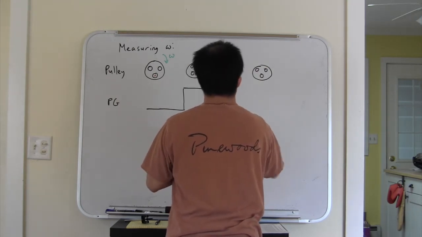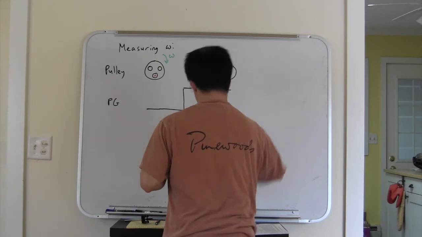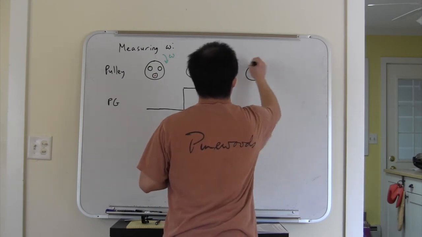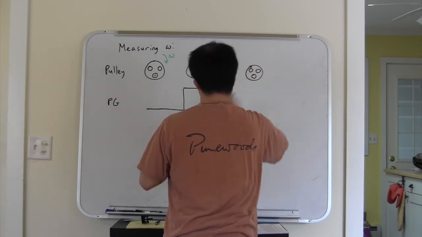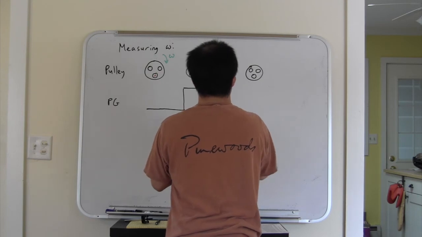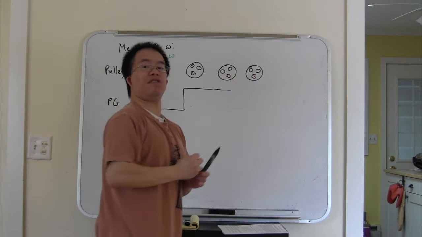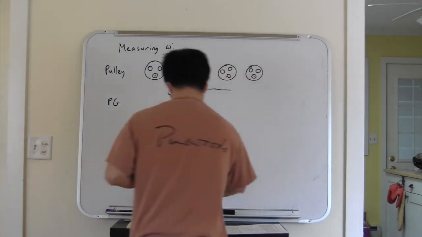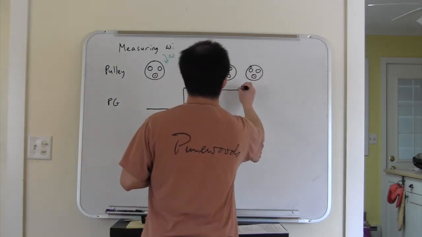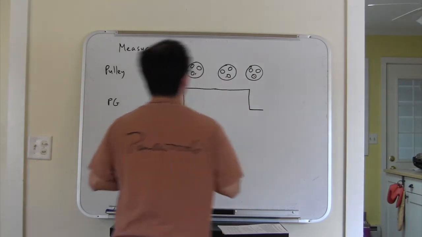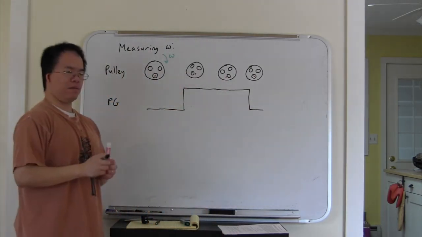Right. So let me just move this a tad over, back. In this situation, light is making it through, and then our photo gate signal goes low again. Right?